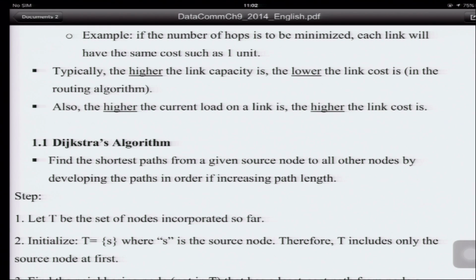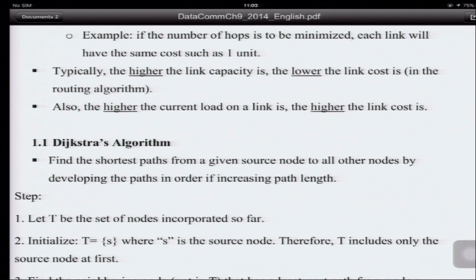You encourage people to use the high capacity link. So the higher the link capacity, the lower the link cost. You assign the cost to be low if it's like a fiber optics cable that allows many users to get into it.